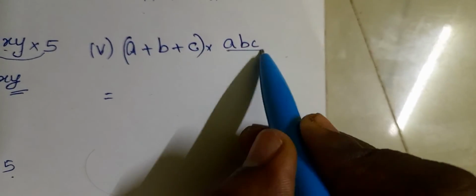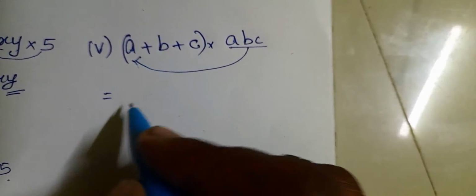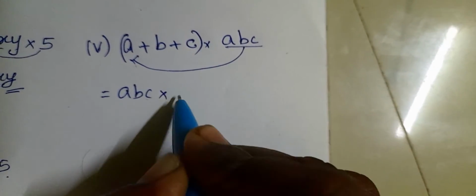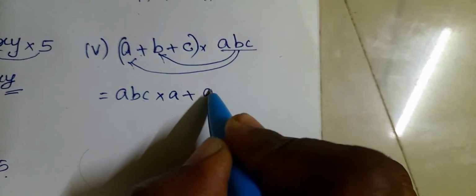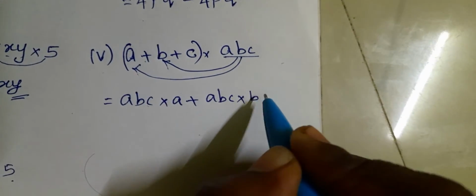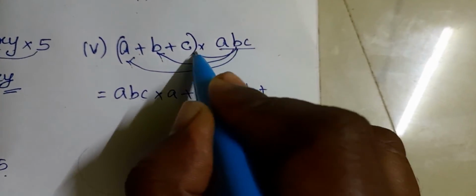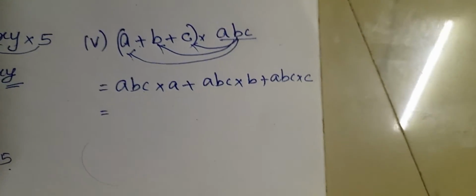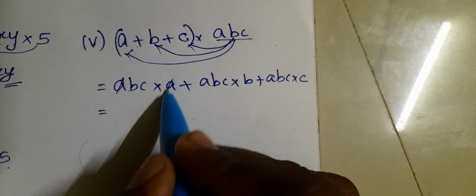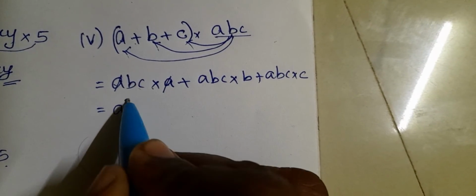Let us multiply abc with a, plus b, plus c. abc multiplied by a, plus abc multiplied by b, plus abc multiplied by c. Now a into a is a square.